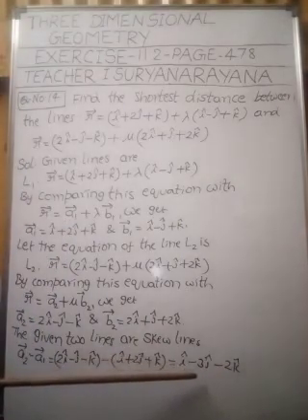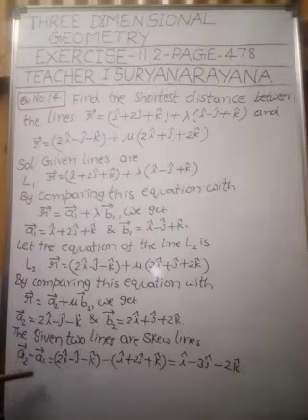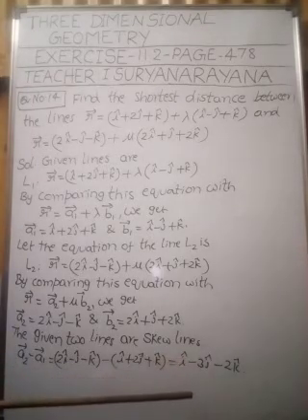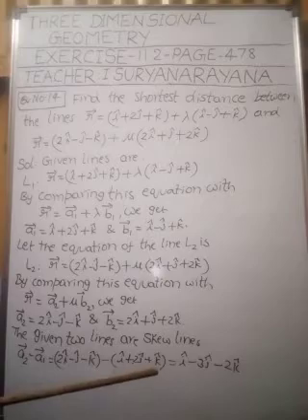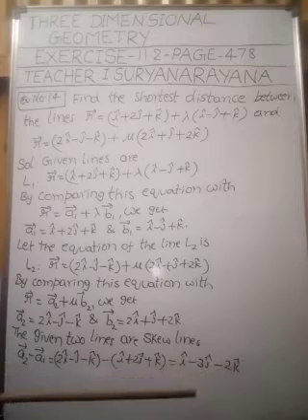Understood this step, my children? We found here A2 bar minus A1 bar, and we got i cap minus 3j cap minus 2k cap.